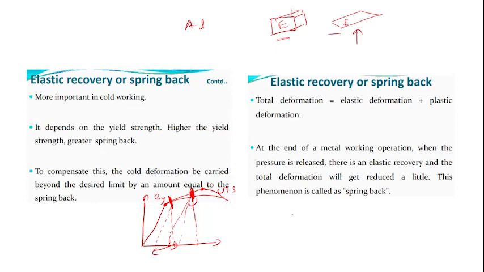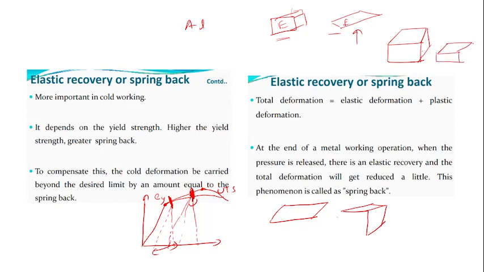It will be significant. Suppose there is a very thin sheet here and you try to deform it. You want this kind of shape for your sheet metal. It will not take much. And suppose there is a bulk block of certain height, and you want to deform its height to here.